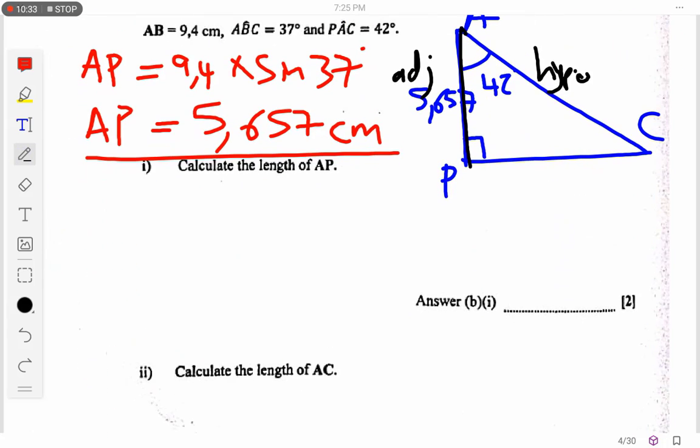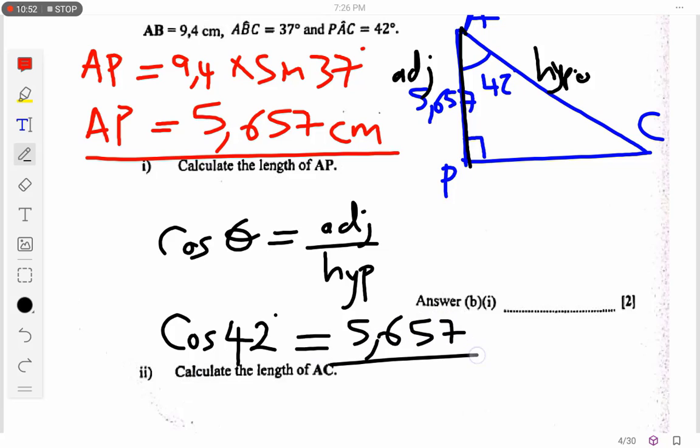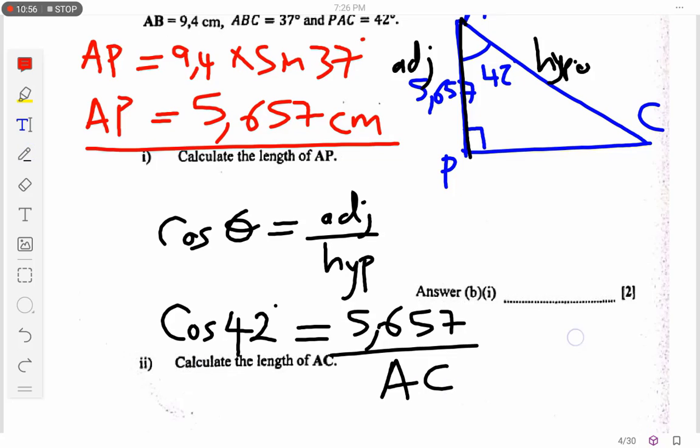So cos theta is equal to our adjacent over our hypotenuse. So it's going to be cos 42 degrees is equal to adjacent 5.657 over our hypo, which is our AC, the one that we are looking for.